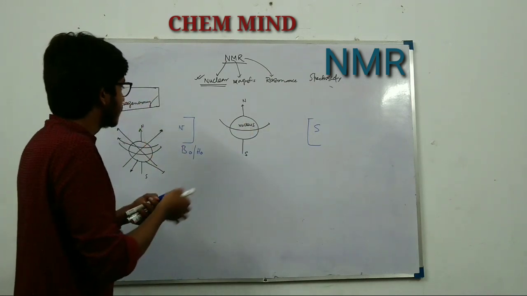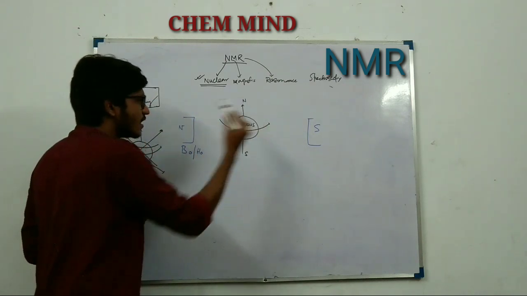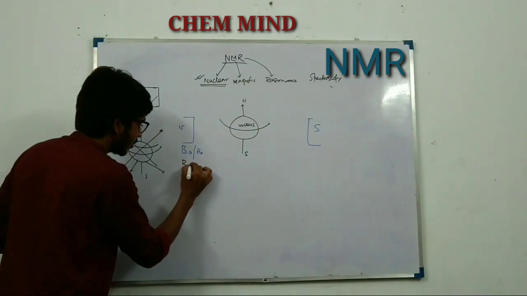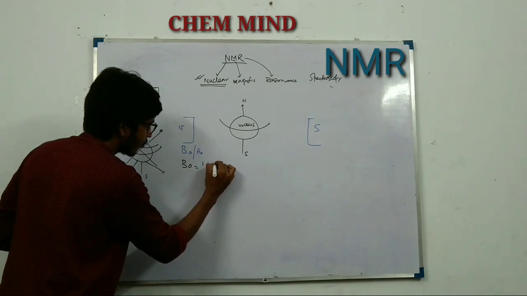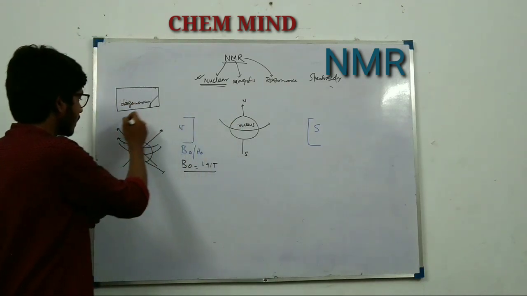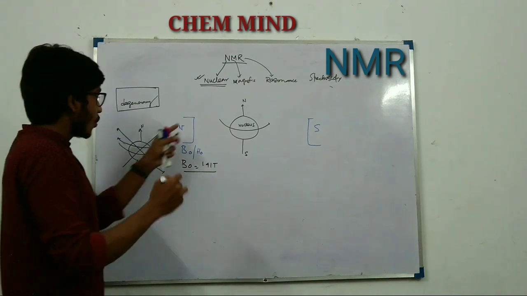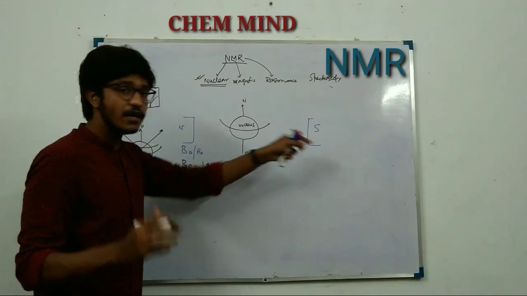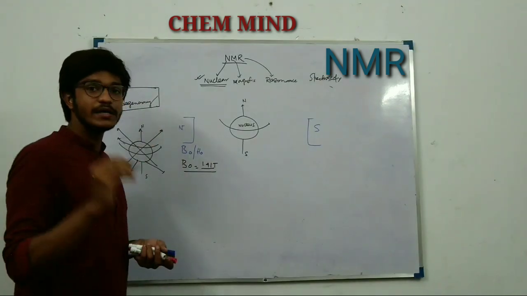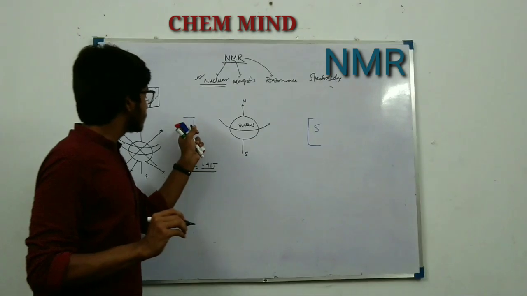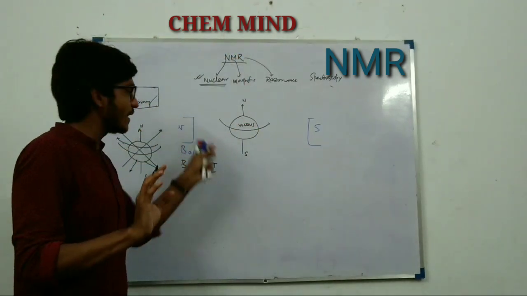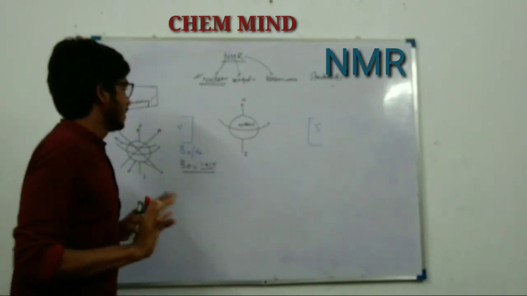Now what happens when we put in the external magnetic field? Let us take B naught equal to 1.41 Tesla. At first the nucleus is in the degenerate state. When we put in the external magnetic field of magnetic strength 1.41 Tesla, this nucleus will try to align with that magnetic field.